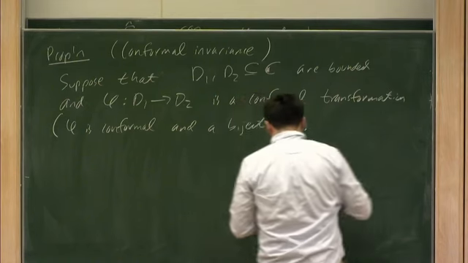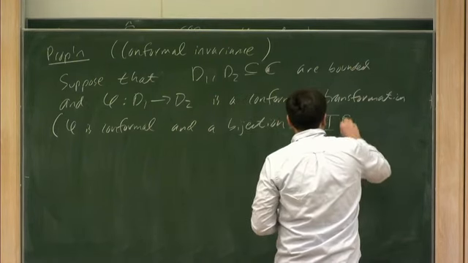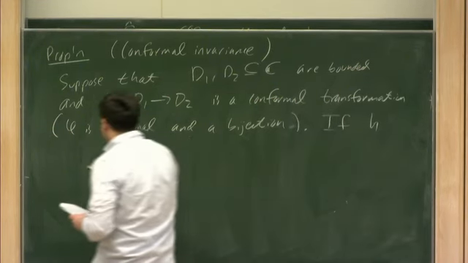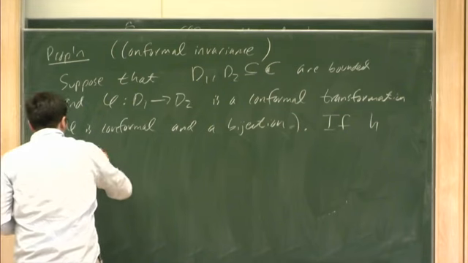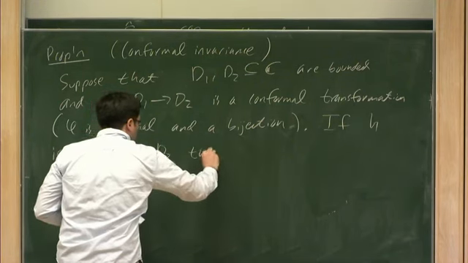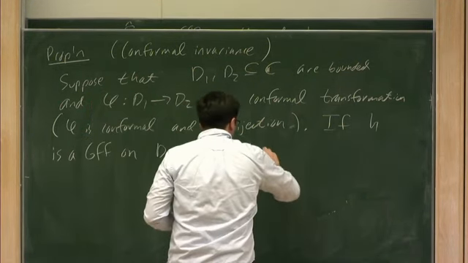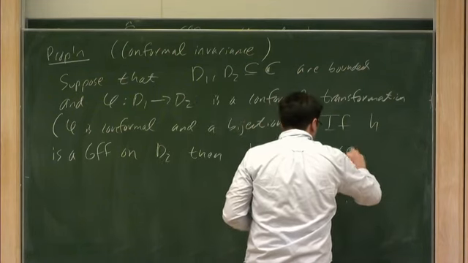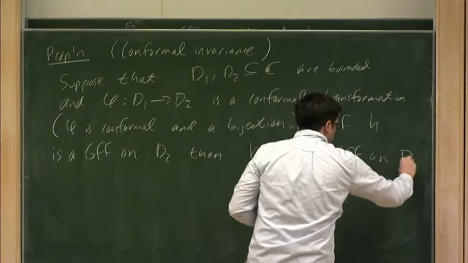Okay, then the statement is that if H is a Gaussian free field on D2, then H composed with phi is a Gaussian free field on D1.